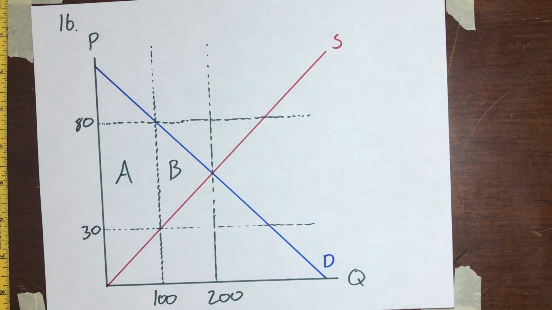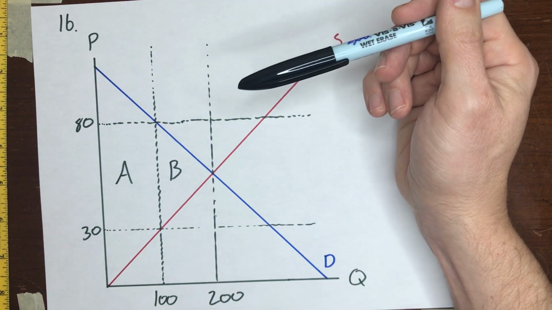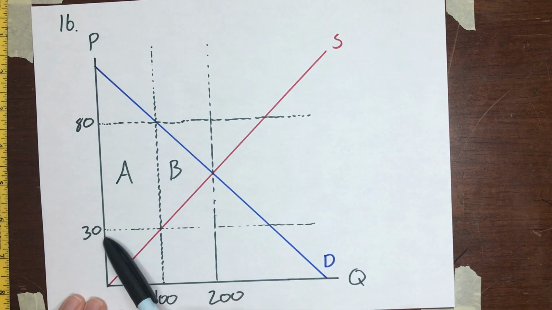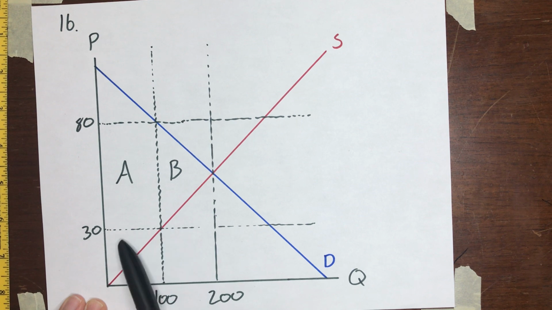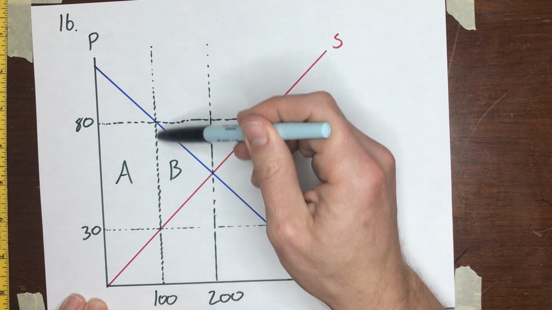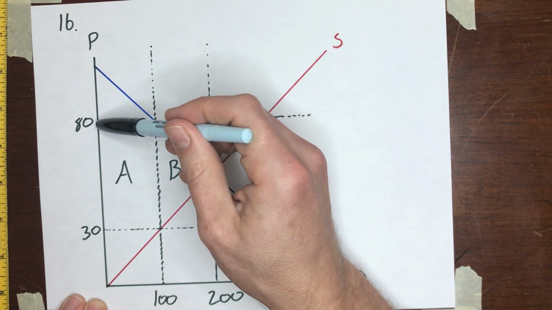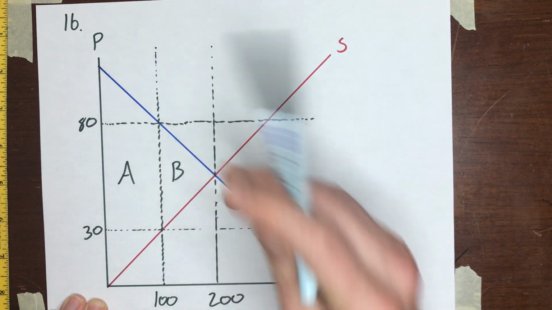So first of all, let's talk about why it doesn't matter whether we have a price ceiling or price floor here. If it's a price ceiling, then at $30, the most units that the sellers will sell is here at 100 units. If you take that 100 units and plug it into the demand curve, you'll find the willingness to pay of that 100th buyer. So that's how you'd get 30 and 80.